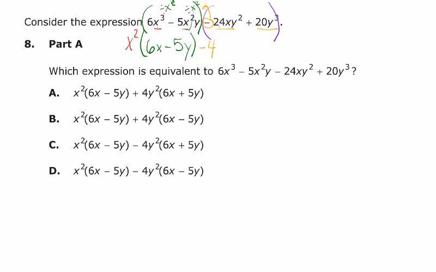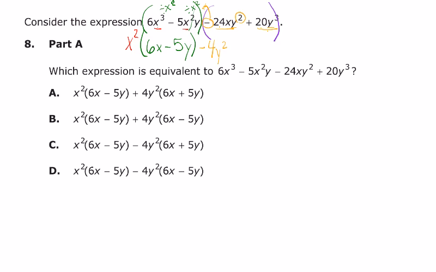And then there's an x here, but no x over here. And then there's a y squared and a y cubed. So just like with the x's in the previous set, we can't have more y's than y squared with the 24xy squared. So y squared is our greatest common factor as far as the variables go.